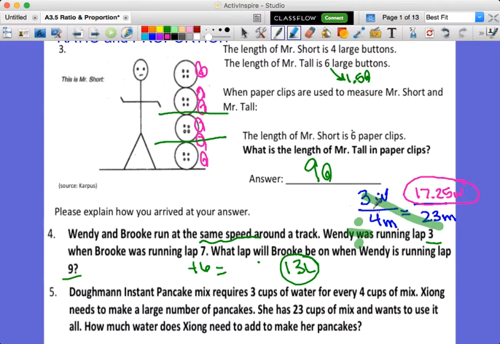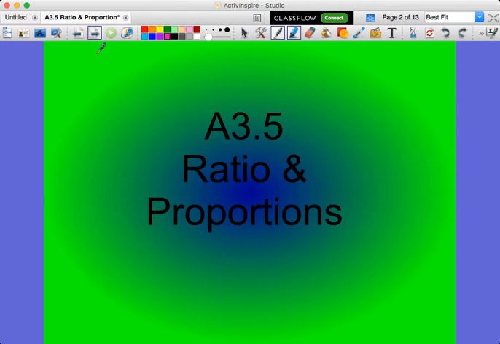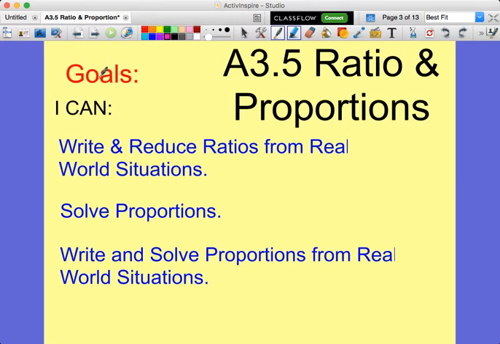Make sure you are labeling your answer because the standard says for 3.5, students can write and reduce ratios from real-world situations. Solve proportions, write and solve proportions from real-world situations. That is the big idea of today. We're going to do this in 3 ways. We're going to use cross multiply or cross product.